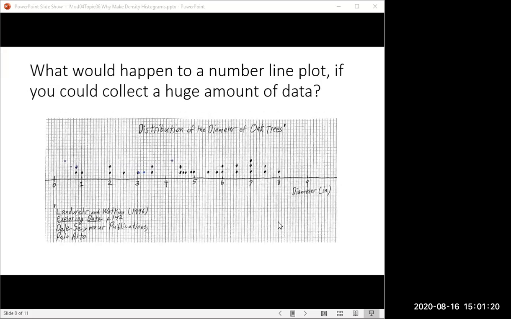So what would happen to a number line plot if you could collect a huge amount of data? Here's a number line plot that we made for the distribution of the diameter of the oak trees. And it's not a real impressive number line plot because we did not collect a whole lot of data. If we collected more data, we might think that now we're beginning to see the shape of the distribution.